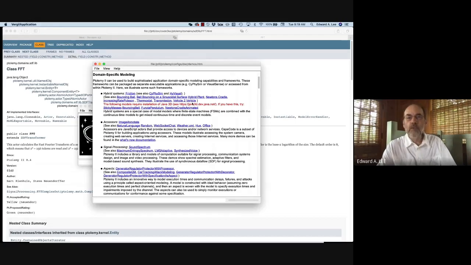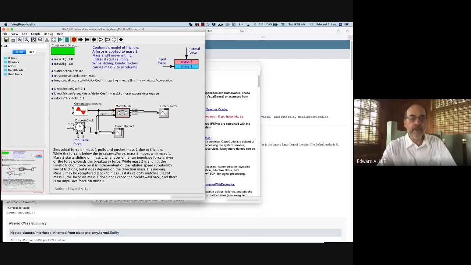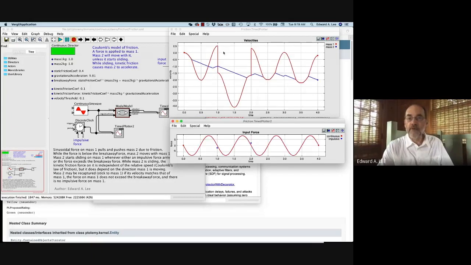If you run through this tour, you'll find a pretty incredible range of very different kinds of things. So, for example, hybrid systems. Here is a hierarchical model that models friction between two masses, where one mass is sliding on top of one another. When I run it, I get a plot of the velocities of the signals over time.